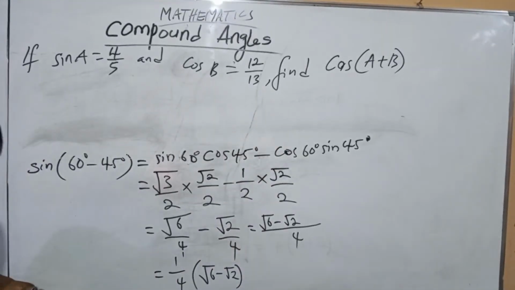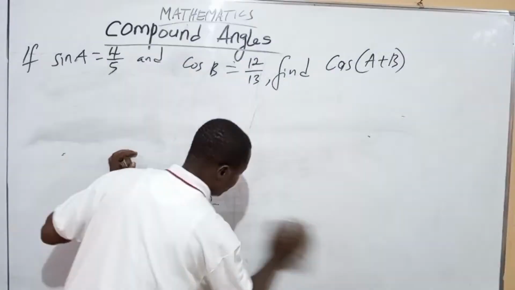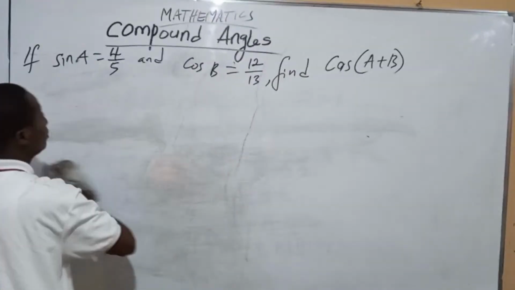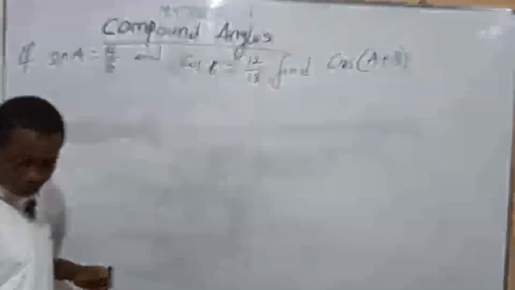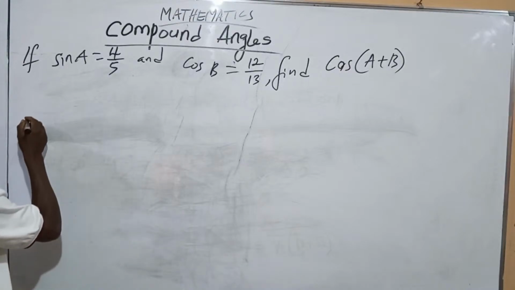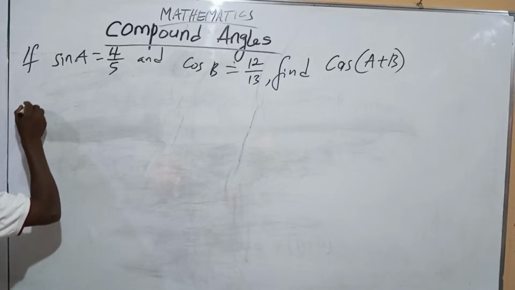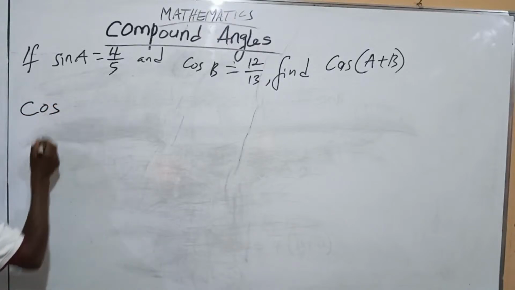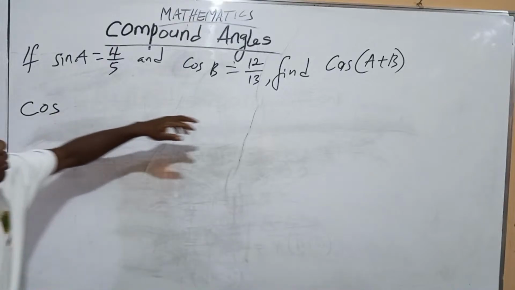Now, from our normal trigonometric identity, we are already aware of what we are going to do. Look at what we have. For sine, this is cosine. So we are going to use cosine A plus B. Remember, that's what we're looking for.